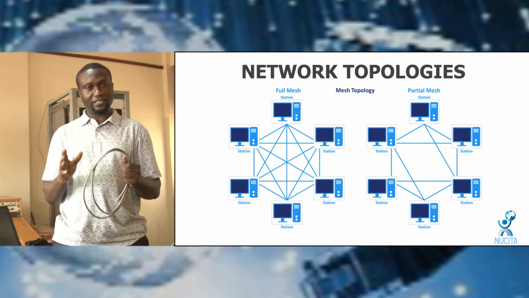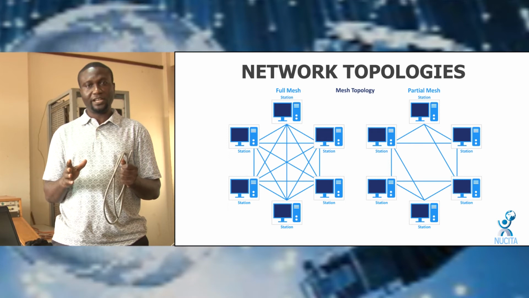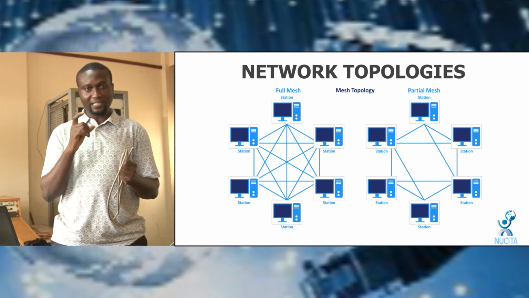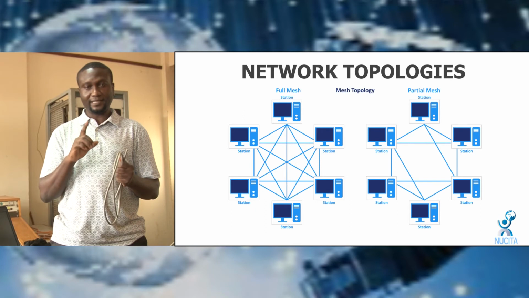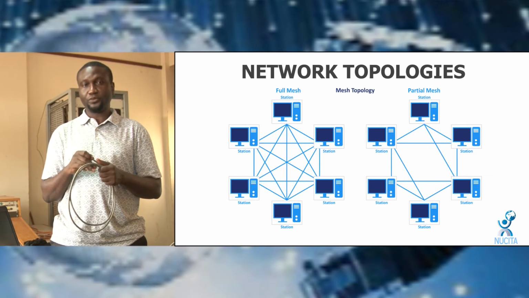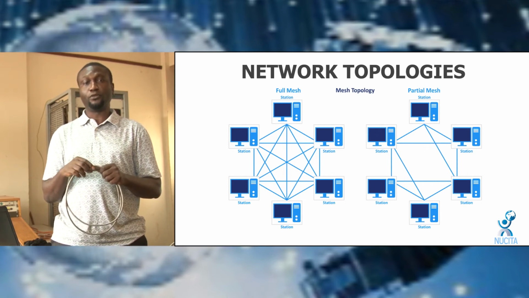As long as you want to establish what we call a mesh topology, you have to ensure that all gadgets, all computers are connected on a network. But when you're establishing it, you have to make sure that every single computer is connected to all computers on that network. That way, you will have established what we call a mesh topology.